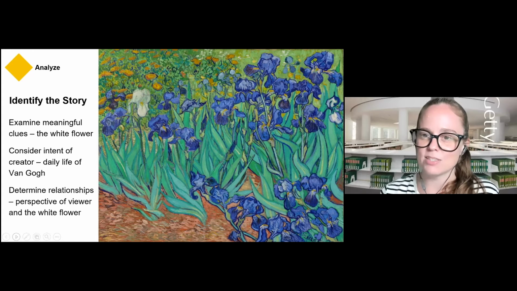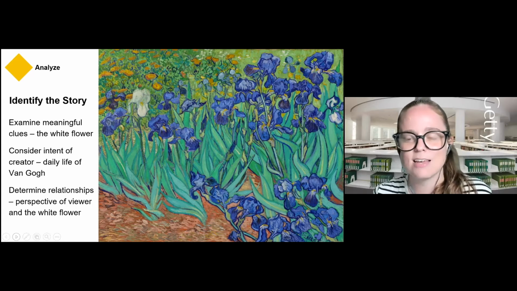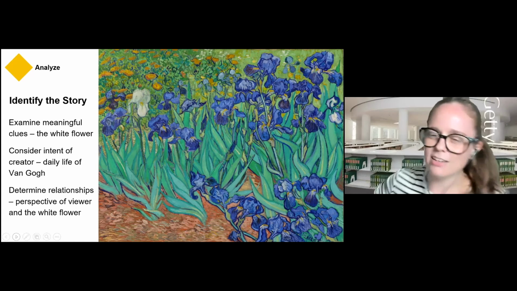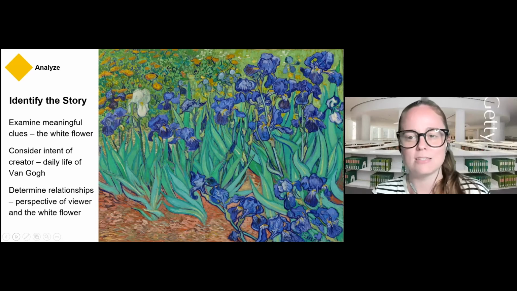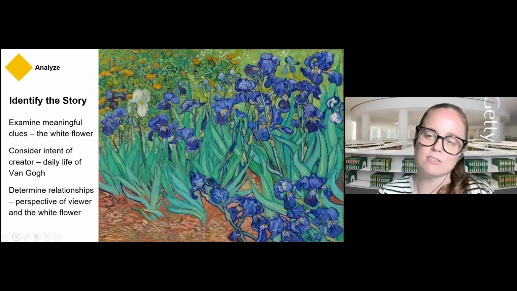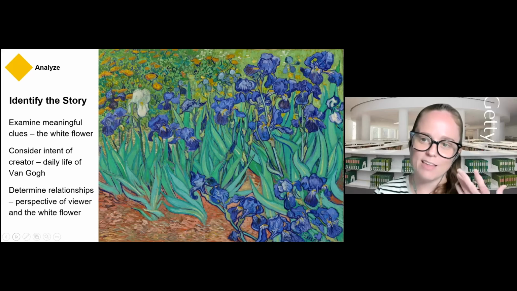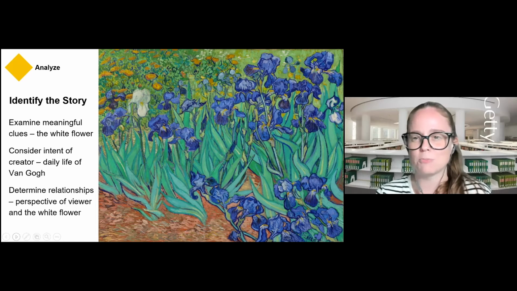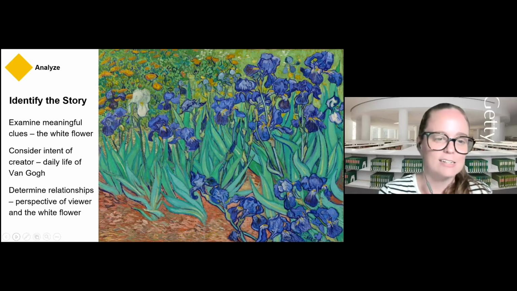I thought about the intent of the creator. This painting was actually created in the final year of Van Gogh's life when he had checked himself into an asylum in France. And he did a little over 150 paintings of irises from the garden at this asylum. And so for me, that contextualized this story in that mood of perhaps being lonely or isolated.